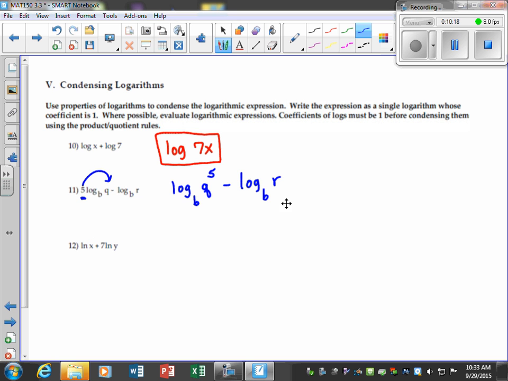Now because we have no coefficients in front anymore, we're looking at log base b, log base b. We can now condense them using our quotient rule. So this is log base b of q to the 5th over r.